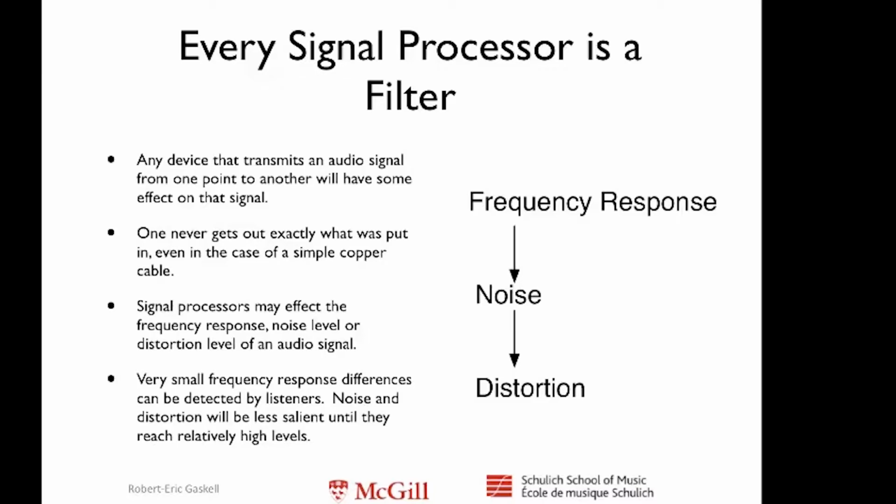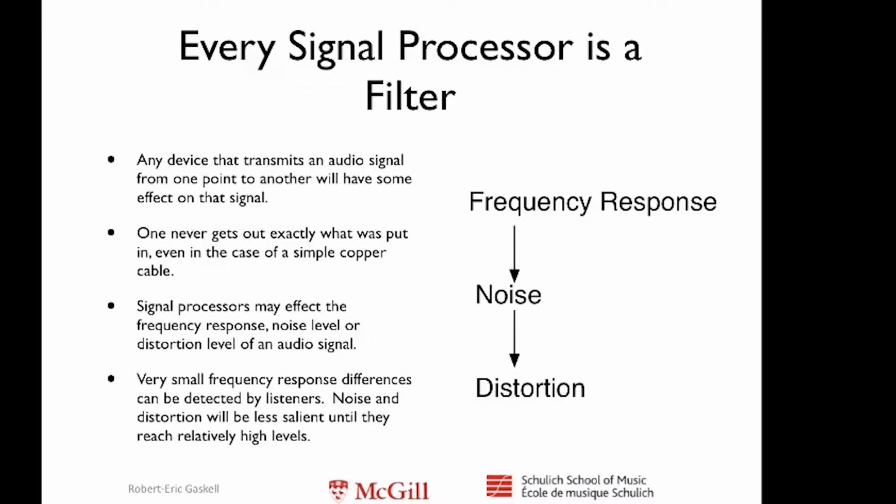microphone preamplifiers sound different. Essentially, any device that is going to transmit audio, even if it's just a wire, is going to change the sound in some way. It's going to act as a filter. And nobody gets out exactly what they put in. Whether or not the difference is perceivable is dependent on the types of changes that are made.